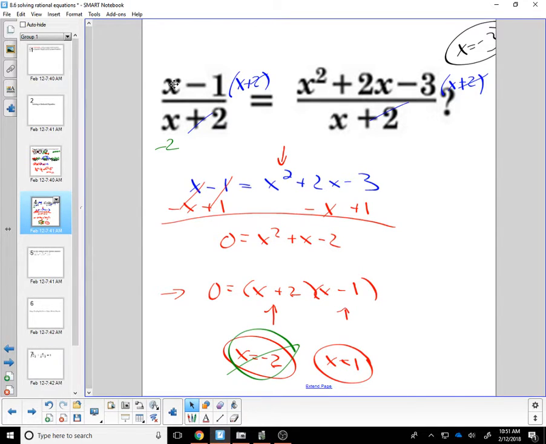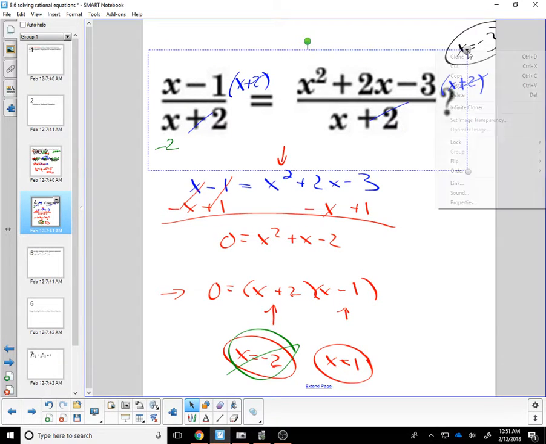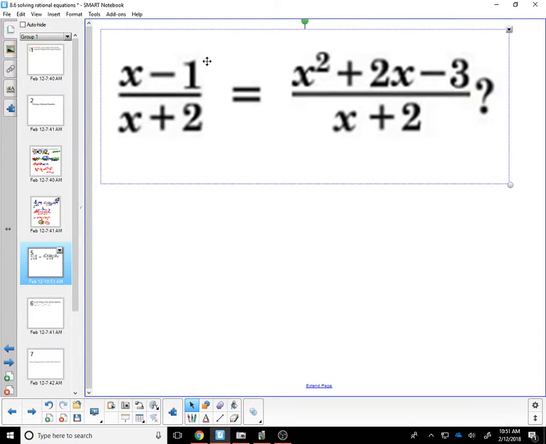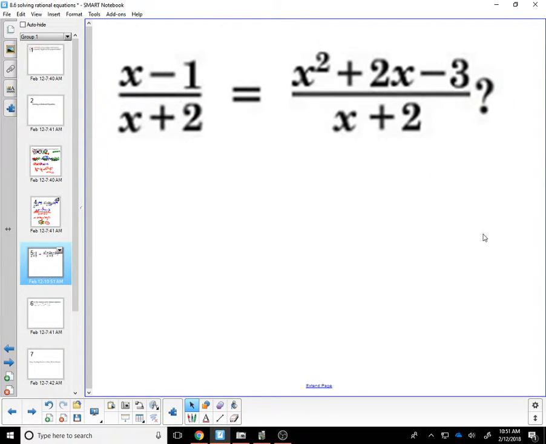All right, here's what I'm gonna do. I'm gonna copy this, put it on a new slide. Because I want to see some of the stuff that some people did. Obviously, you'll see that these denominators are going away. So we had, what did this factor to? What did you factor this to?